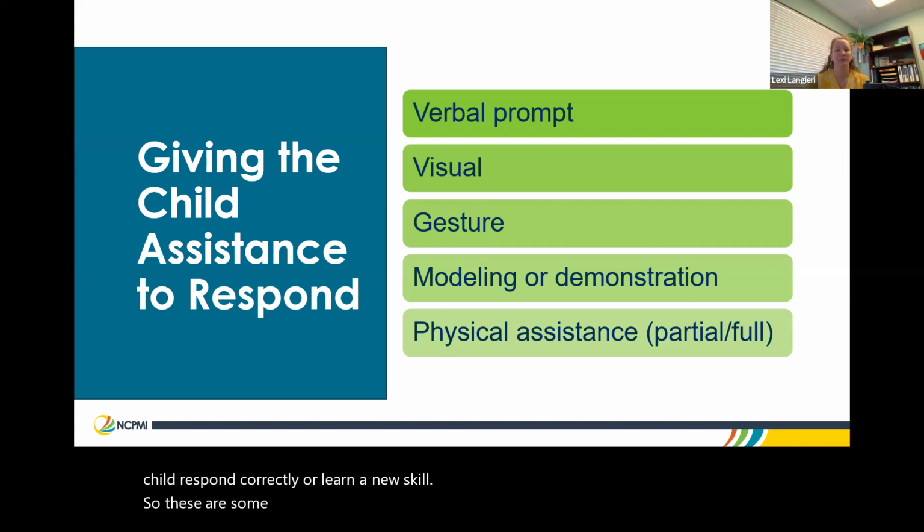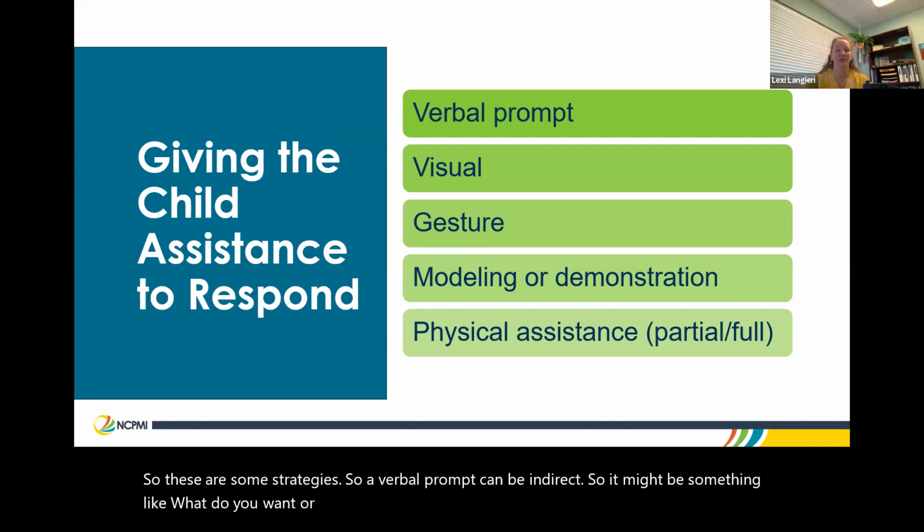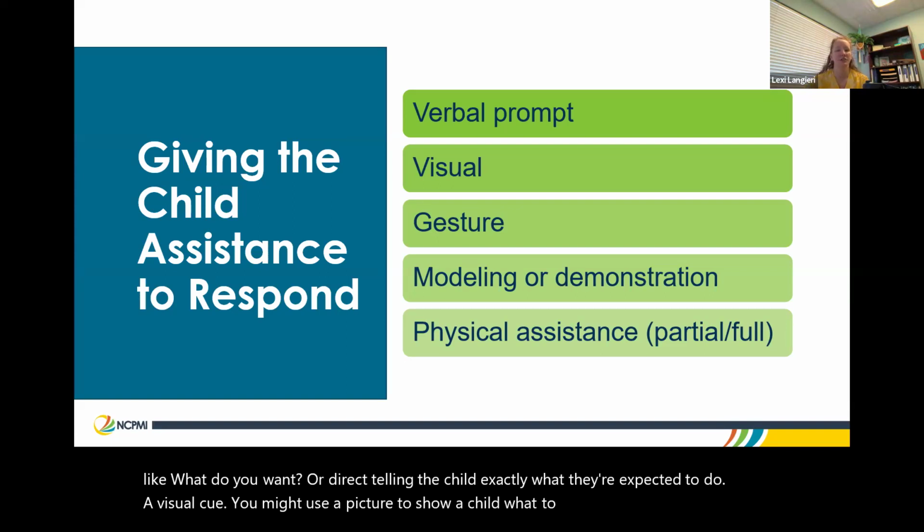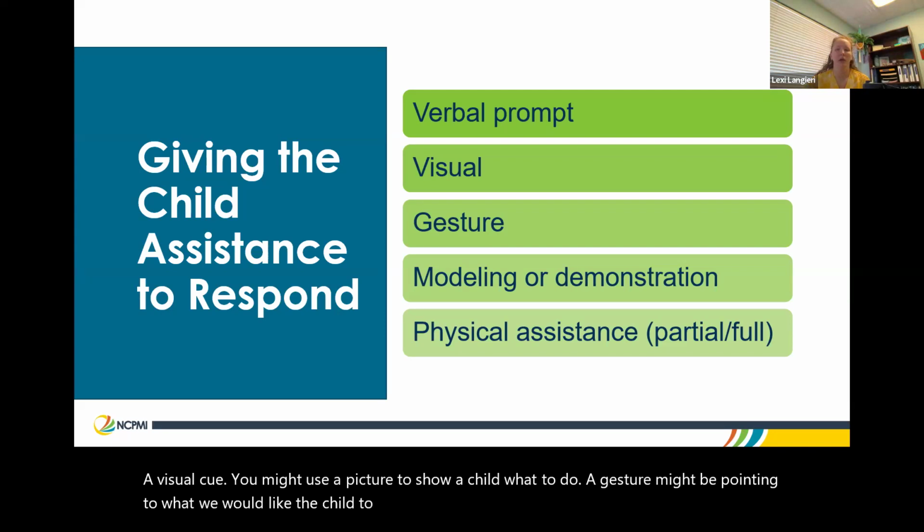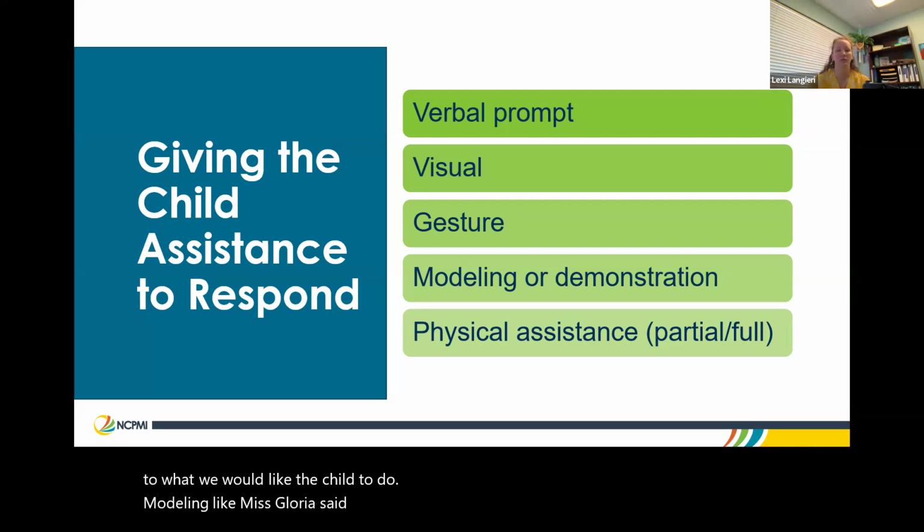A verbal prompt can be indirect, so it might be something like, what do you want? Or direct, telling the child exactly what they're expected to do. A visual cue, we might use a picture to show a child what to do. A gesture might be pointing to what we would like the child to do. Modeling, like Miss Gloria said, showing the child what to do.